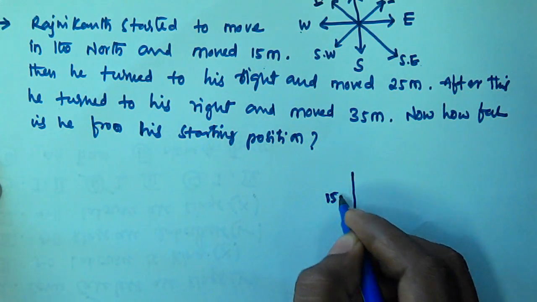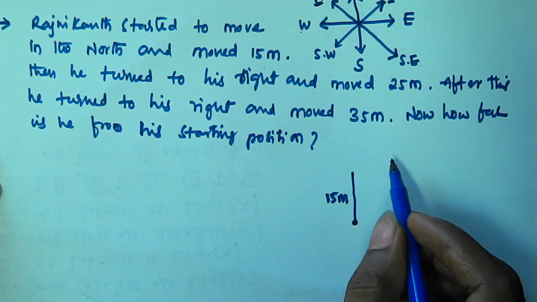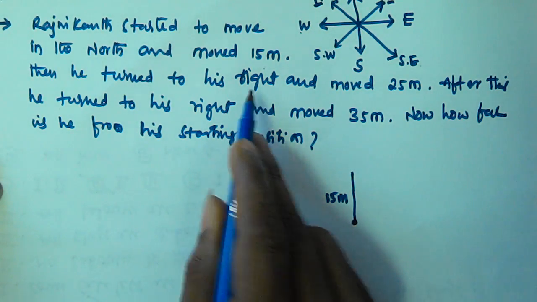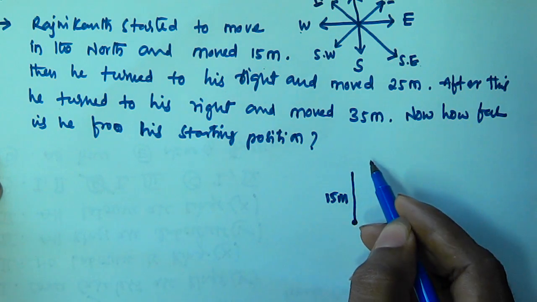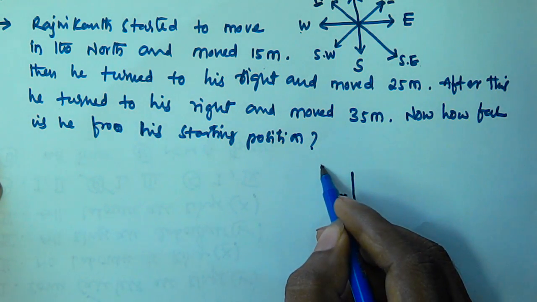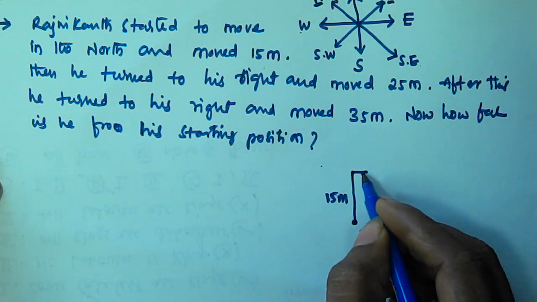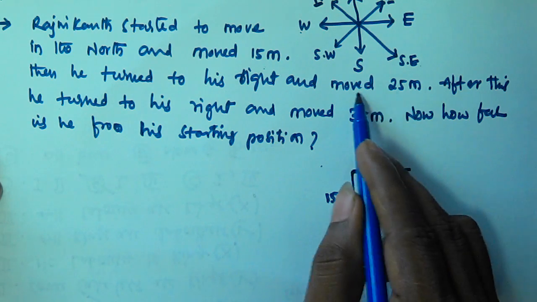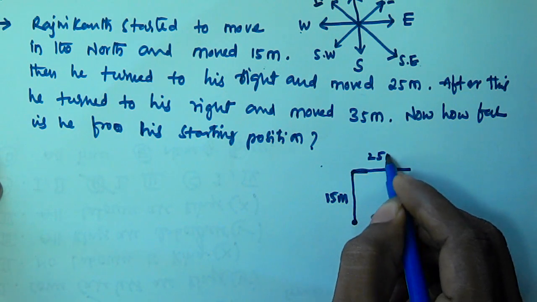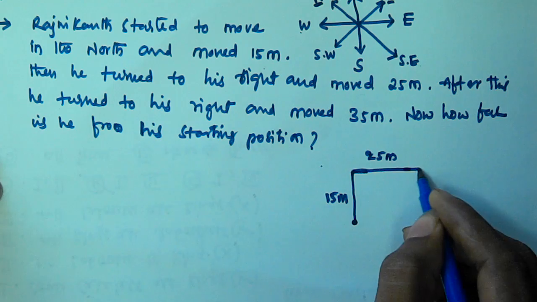Then he turned to his right. Whenever he is moving in this direction, this is right and this is left to him. So he moved right, from here to here, a distance of 25 meters.